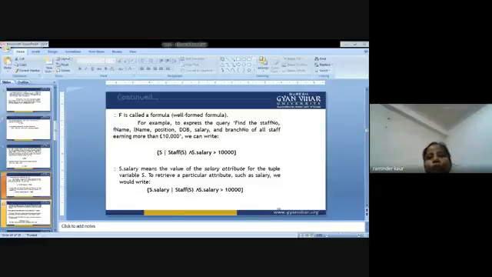So the result of the relation can have one or more tuples. There could be notations and predicates that could be used in tuple relational calculus in order to fetch the required details.